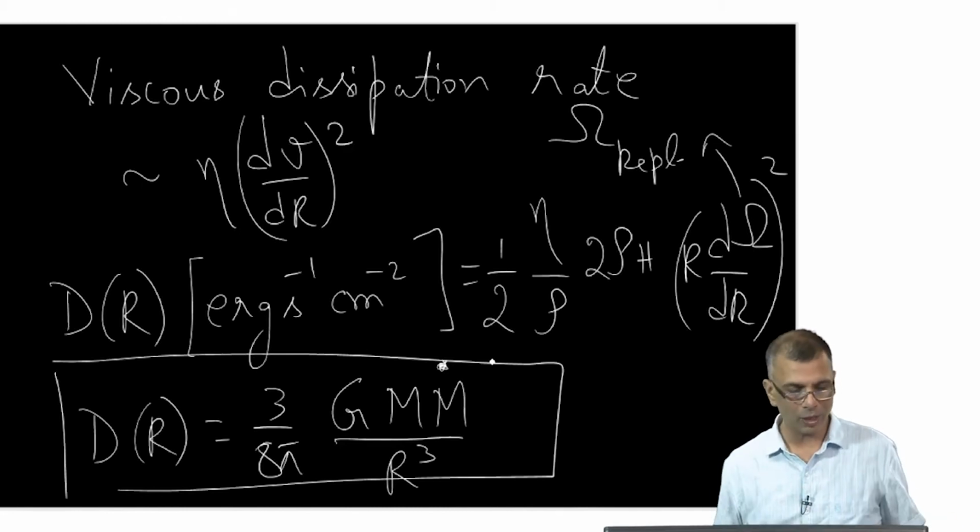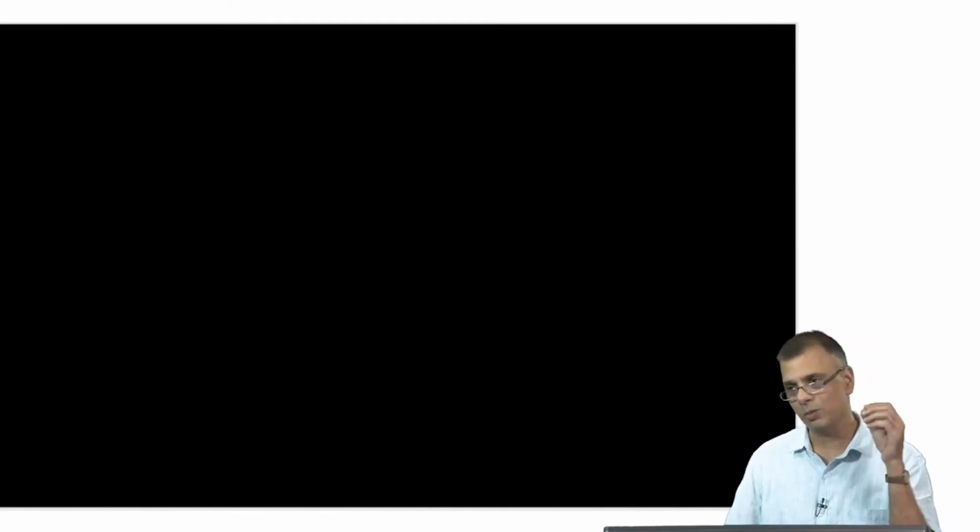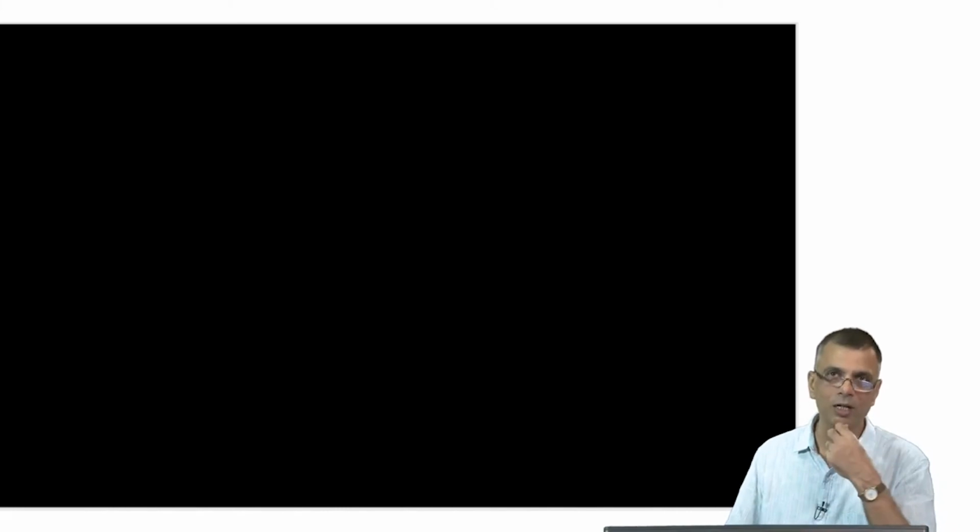Having now talked about the basics of disk accretion, the basics of quasi-Keplerian disk accretion, let us now move to slightly more detailed topics. And one of the detailed topics is as follows.